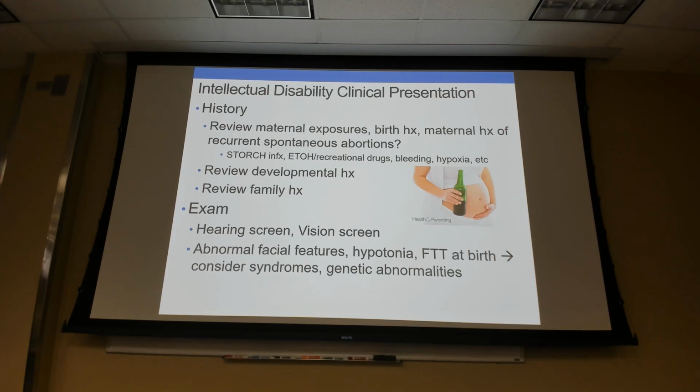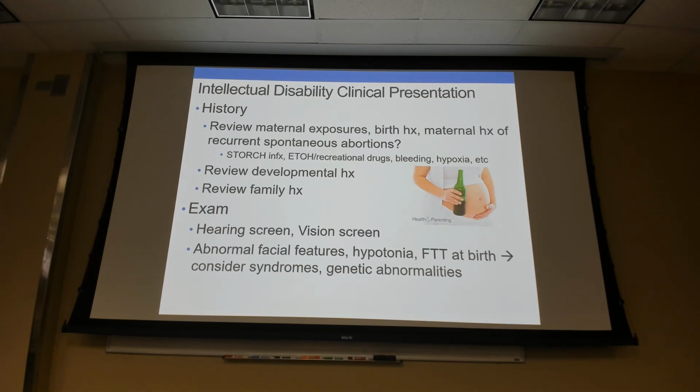Rubella. C? CMV. And H? Herpes. Yep. So you're going to see some of those things going on. A full history and physical, your vision and hearing screen, and then your exam.